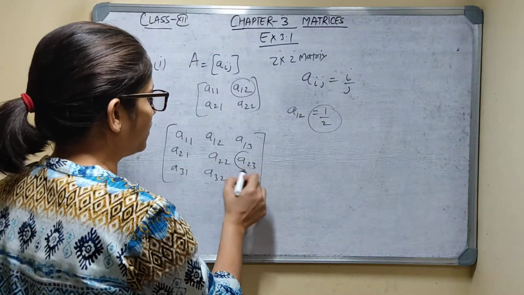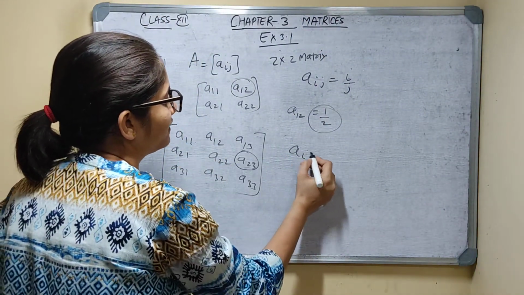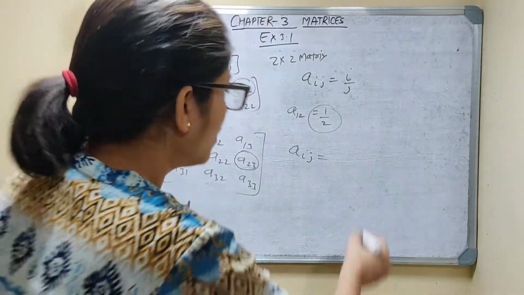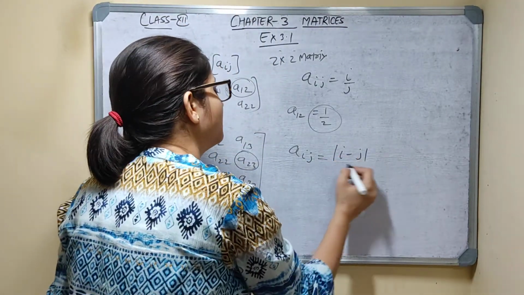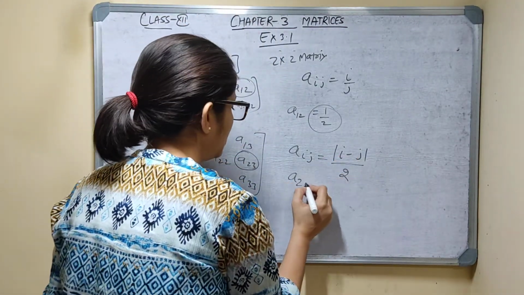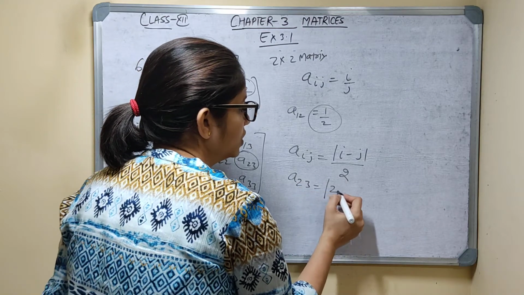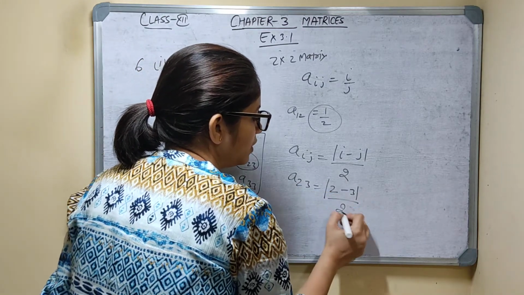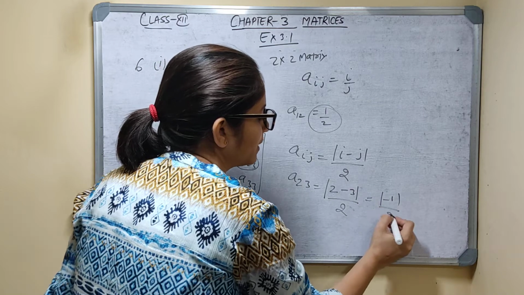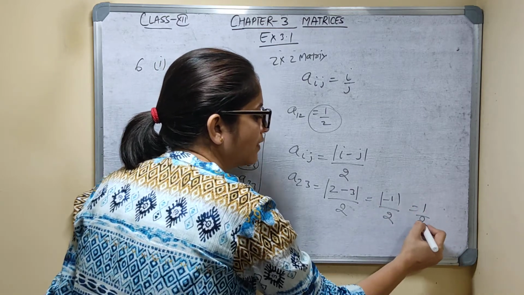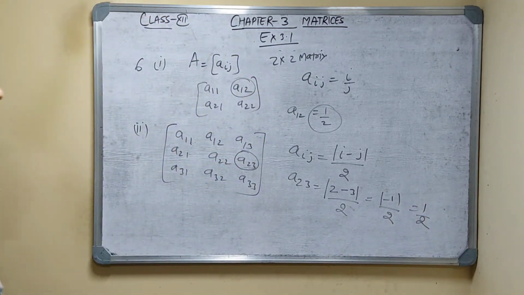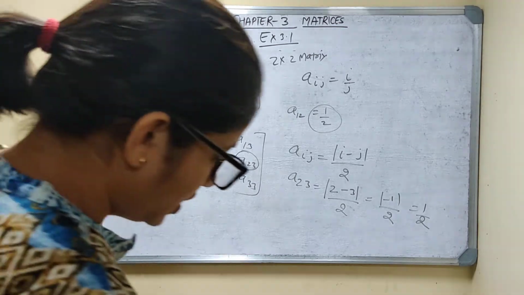They are asking to write the value of A23, and Aij is given by mod of I minus J upon 2. So A23 will be what? Mod of 2 minus 3 upon 2. This is mod of minus 1 upon 2. Mod of minus 1 will be 1, so 1 by 2. This is the answer. A23 is equal to 1 by 2.